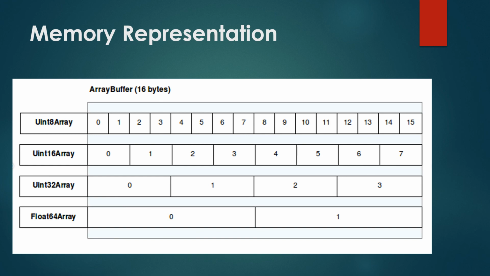If I want a view of that memory in terms of unsigned 8-bit integer values, then obviously I get 16 elements. If I create a view of 16-bit integers, then I end up with 8 elements. However you want to design that 16 bytes of buffer memory, we can allocate it according to your will.